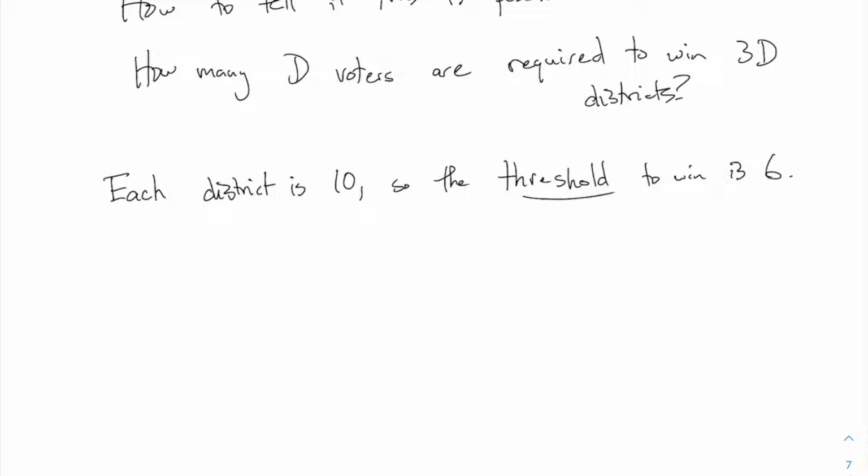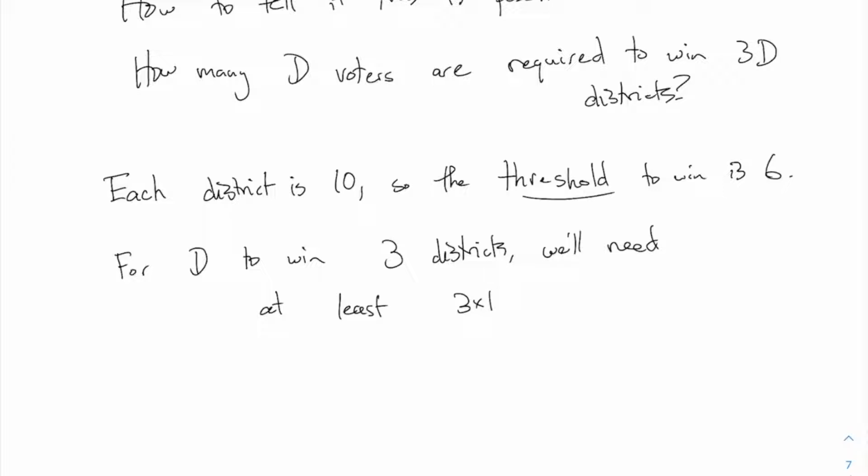And so I can say here, for D to win 3 districts, we'll need at least 3 times 6, which is 18 D voters. In theory, it is possible because there are 20 D voters. And I said in order for them to win 3 districts, they only need 18.